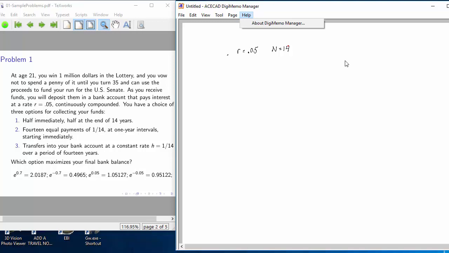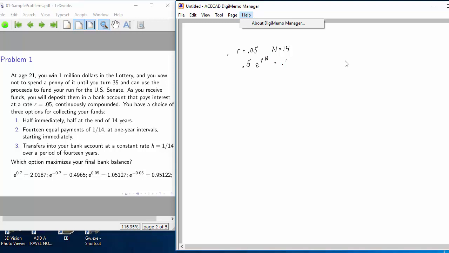So let's first figure out what happens to the payment you get initially. You have $0.5 million, and that's going to get multiplied by the exponential factor e to the rn.